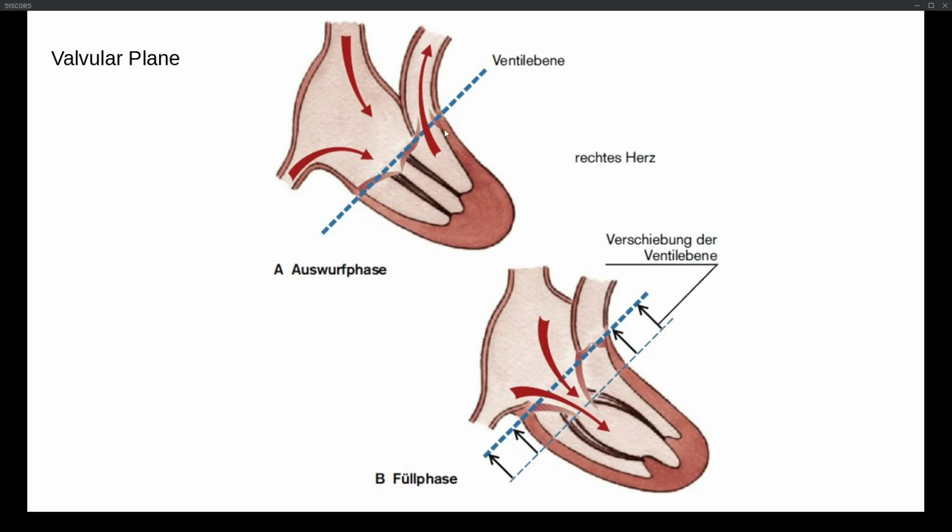So should your heart contract, the muscle will pull the valvular plane, where all the valves are in one plane, and this connective tissue together with the heart skeleton will be pulled toward the apex.